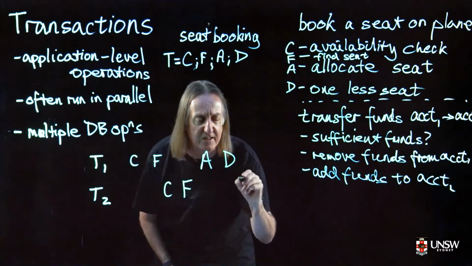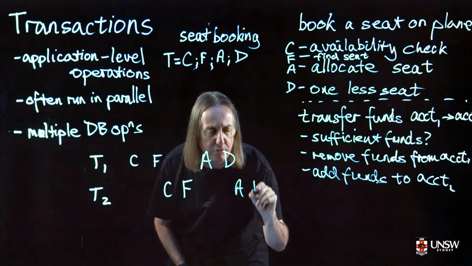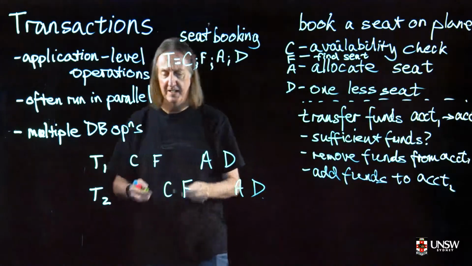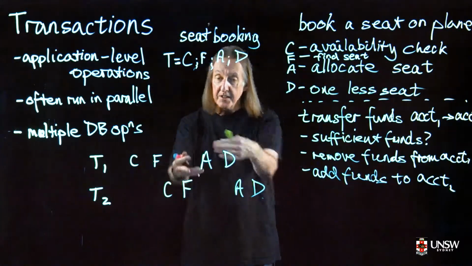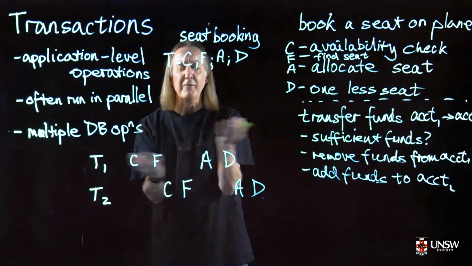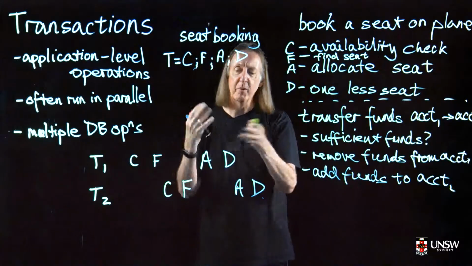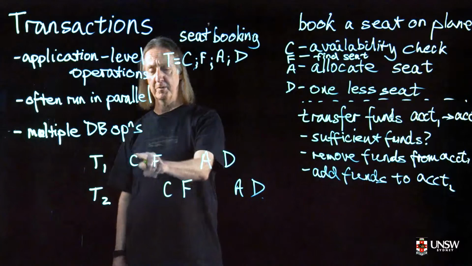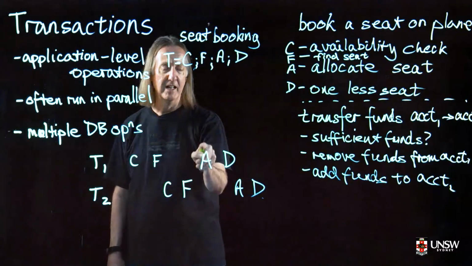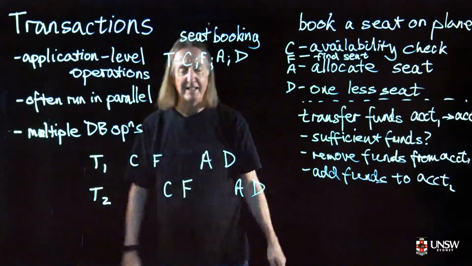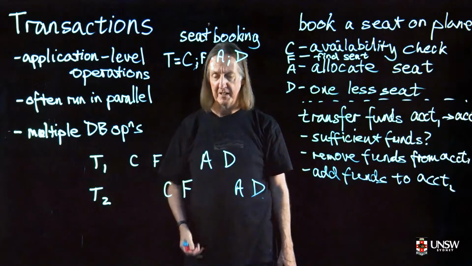T1 allocates and decrements. T2 allocates and decrements. This is a possible interleaving. You can have an arbitrary number of possible interleavings of the operations. We could have C, C, F, F, A, D, D, or any other kind of combination.